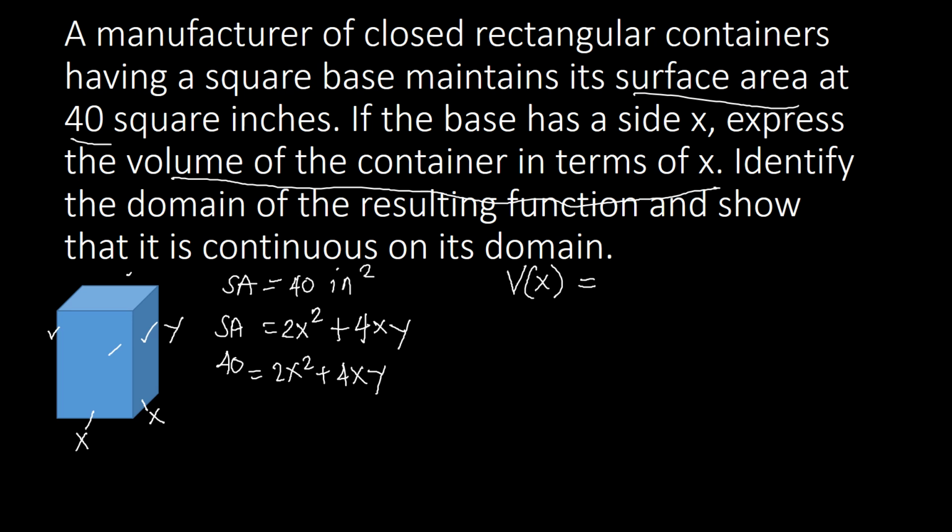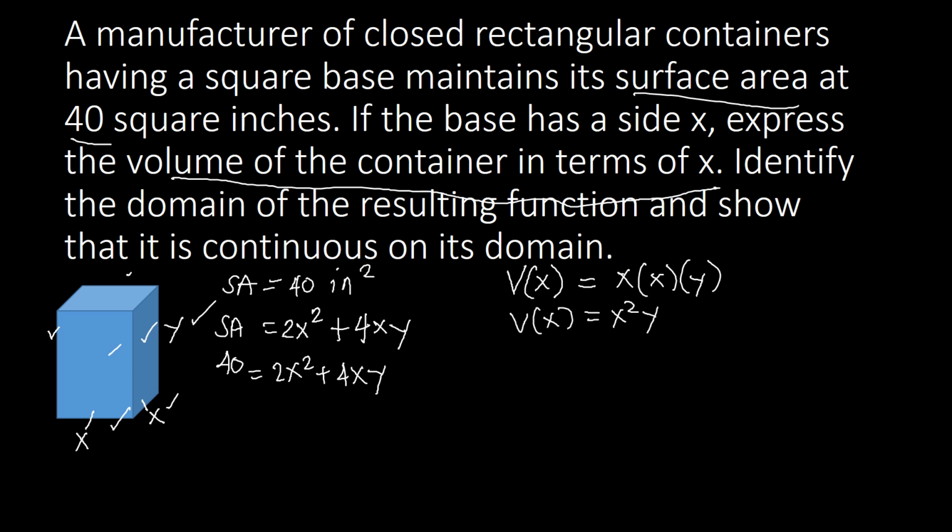This will be equal to the volume of a rectangular container, which is simply length times width times height. In this case, we have x times x times y. Simplifying that, that is x squared times y. And we have that as our function.